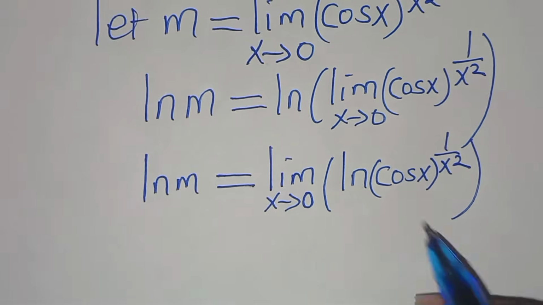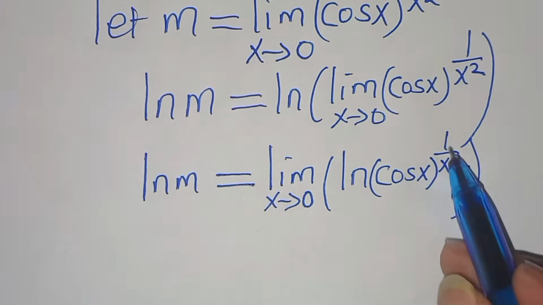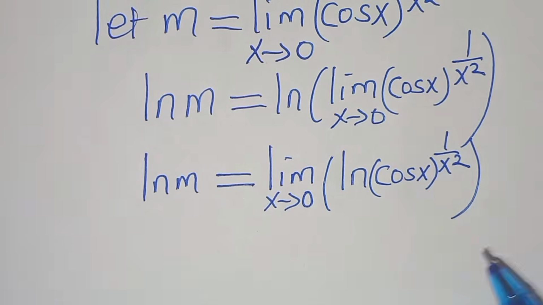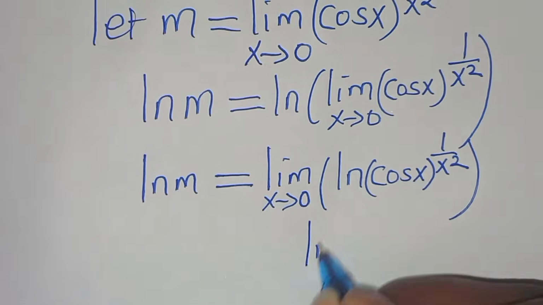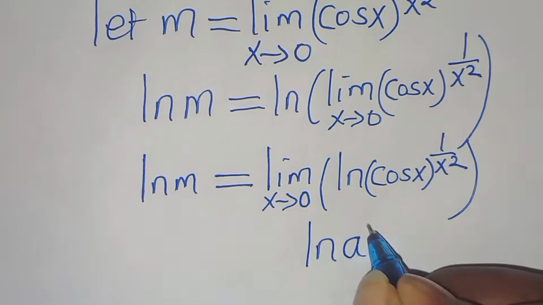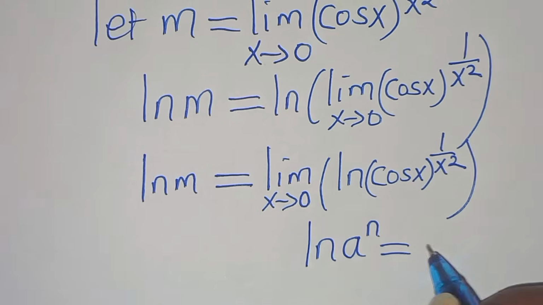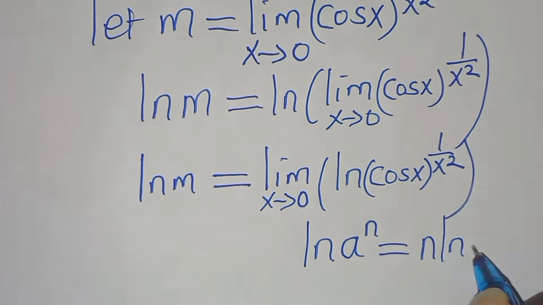Now, we have that the ln of cos x to the power of 1 over x squared is in the form of ln of a to the power of n, which we can express as n ln of a.